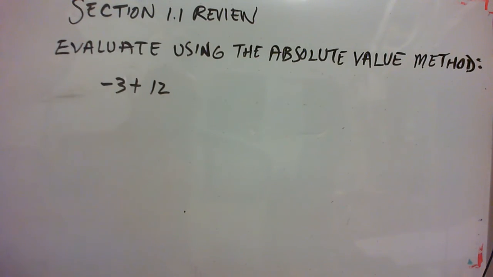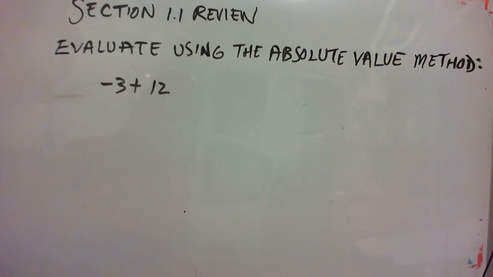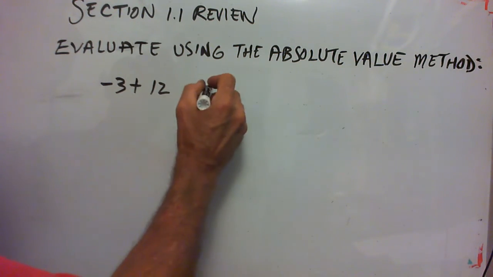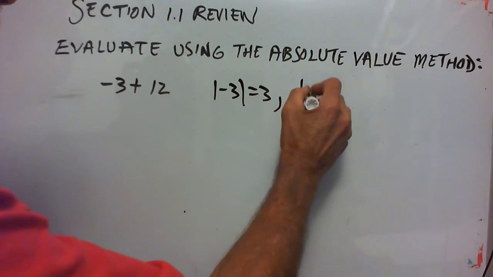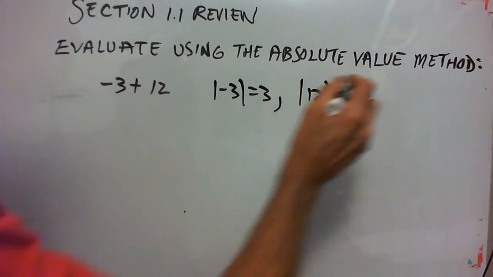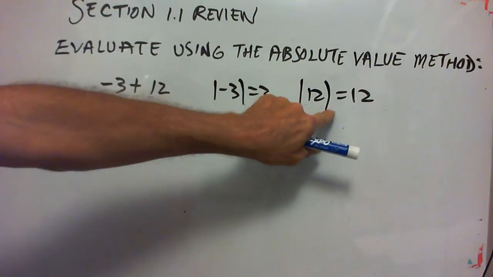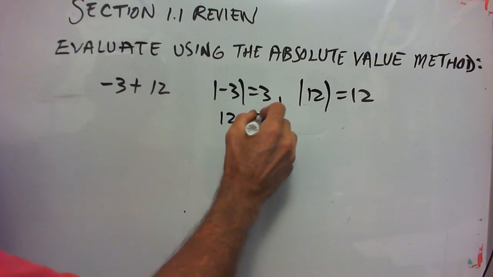Okay, next we're gonna do some problems where we evaluate using the absolute value method and show the absolute value method. First problem, -3 plus 12. So the absolute value method for adding a positive to a negative is to take the absolute value of each number. So you get absolute value of -3 is 3, absolute value of 12 is 12. Subtract the absolute values.